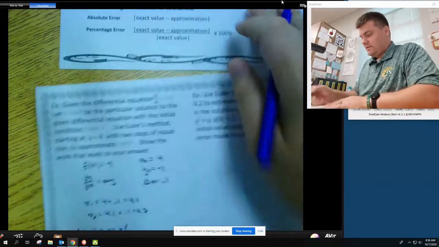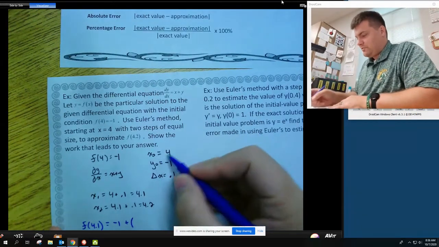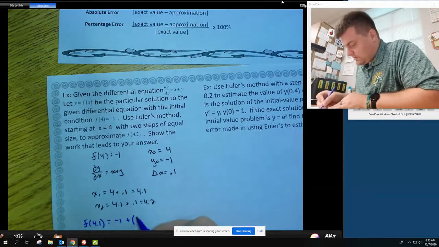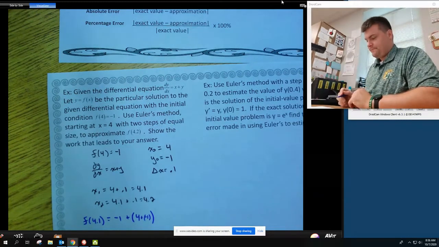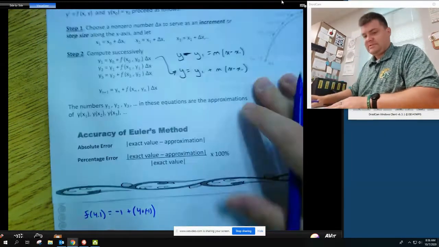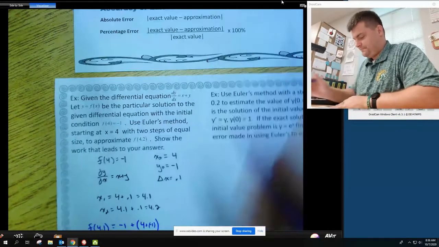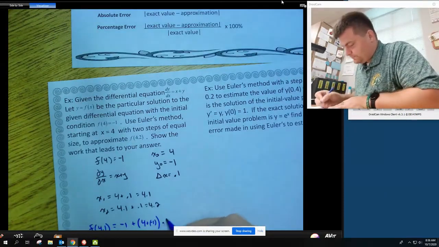Using the initials, that's 4 plus negative 1, times the change in x, which is 0.1.